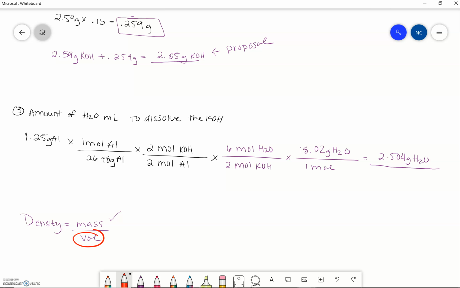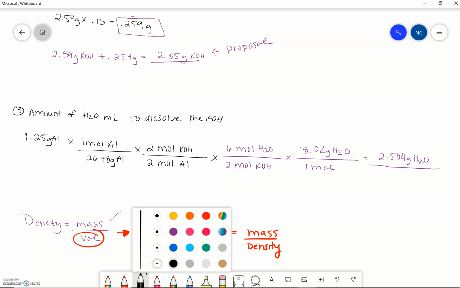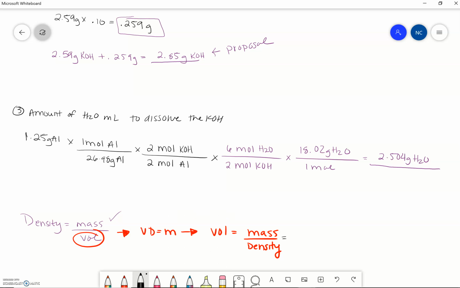So we found the mass but now we need the volume, because our answer has to be in milliliters. Now we have to rearrange the equation so we can solve for volume. You will get volume equals mass divided by density. Now plug in your values.